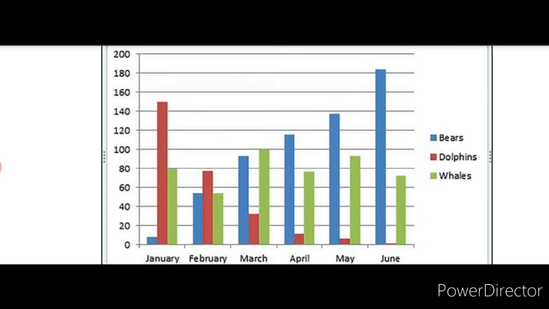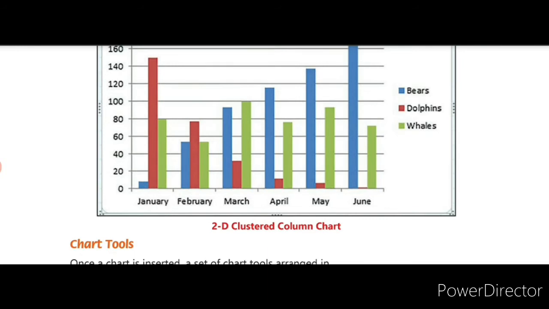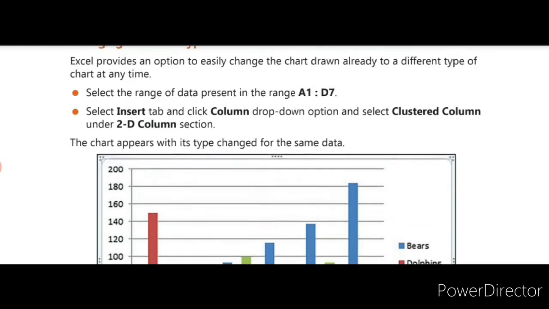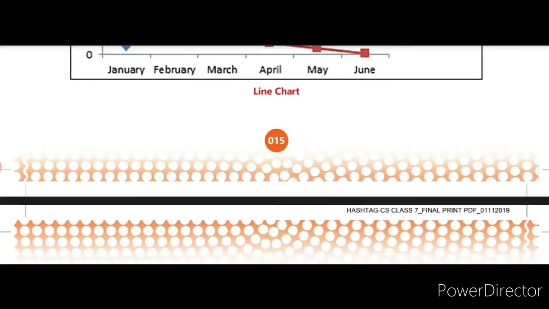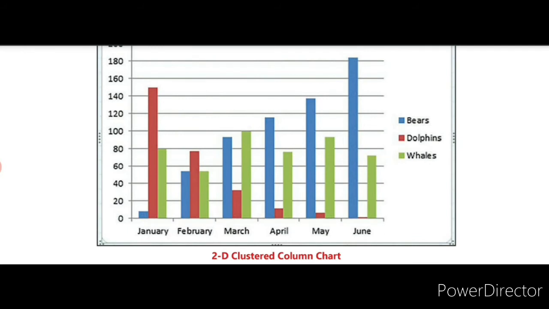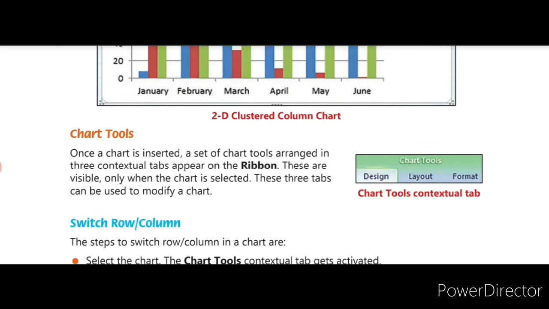For the same data we are going to select different chart types. This is how you click the 2D clustered column chart. This window shows the line chart for the same data, whereas this window shows the 2D clustered column chart. Clear? Next we'll be seeing how to use the chart tools.